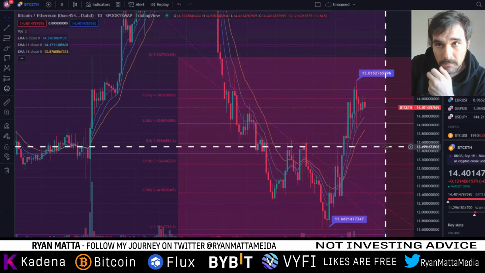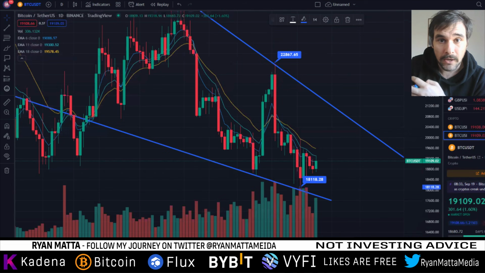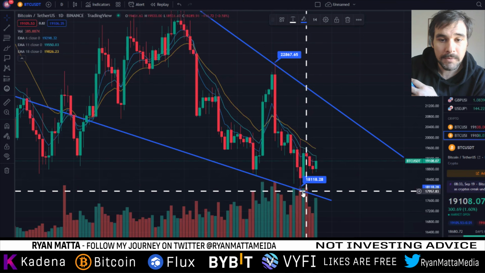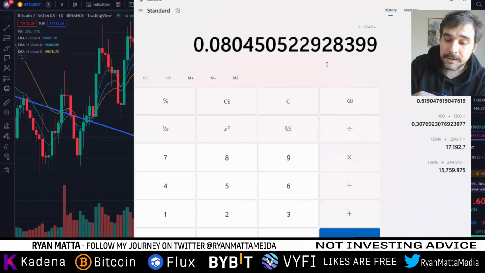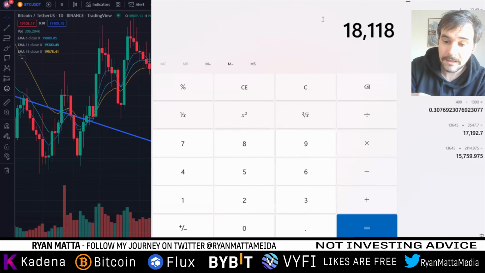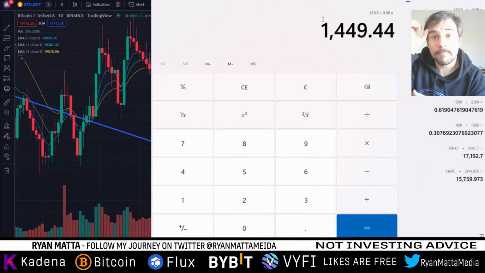Now, if one Ethereum is worth 0.08 Bitcoin and Bitcoin is worth $18,000, let's take it from the bottom of this zone here, that means Ethereum should be worth 18,118 multiplied by 0.08. We're looking at an Ethereum being approximately 1449. So let's call that 1,450.